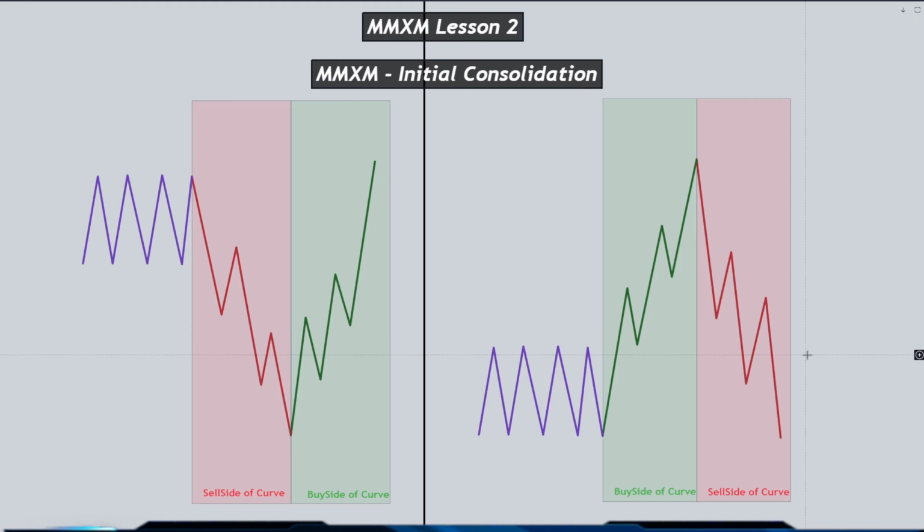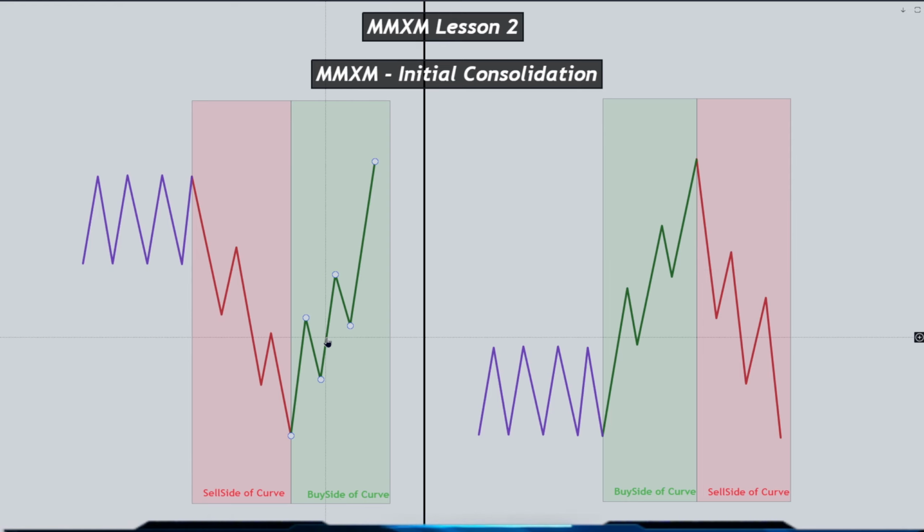In this term you have to look into your higher time frame. If your higher time frame is bullish, you will look for a market maker buy model. If your higher time frame is bearish, you will look for a market maker sell model. If your higher time frame is bullish, the buy side of the curve of a market maker buy model is where the high probability trades will be sitting.